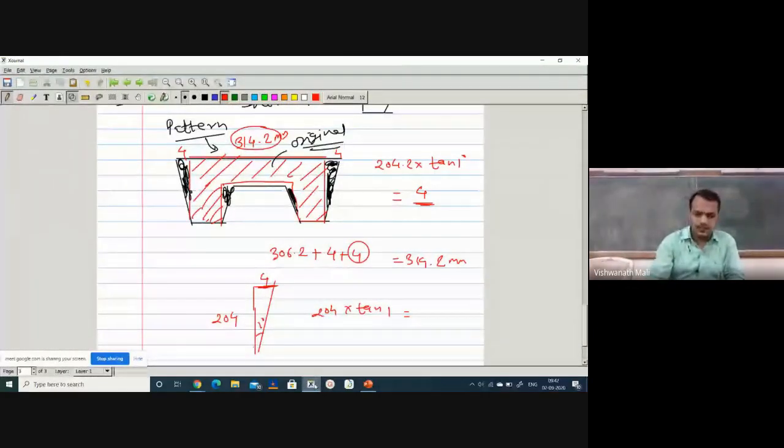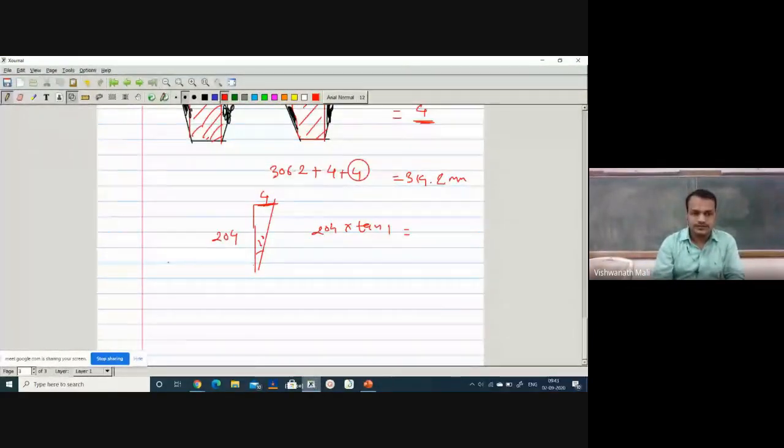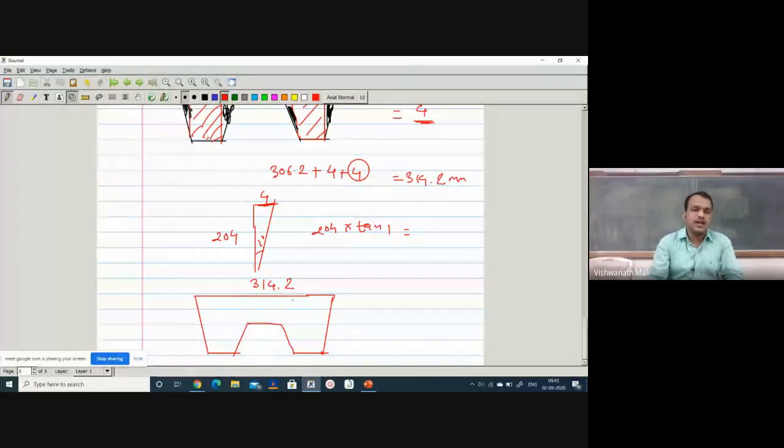Now see, I have considered the shrinkage allowance, then I have considered the draft allowance. After considering the draft allowance, I got the dimension 314.2 mm. Now, as I get poor surface finish in casting, I have to machine the part.